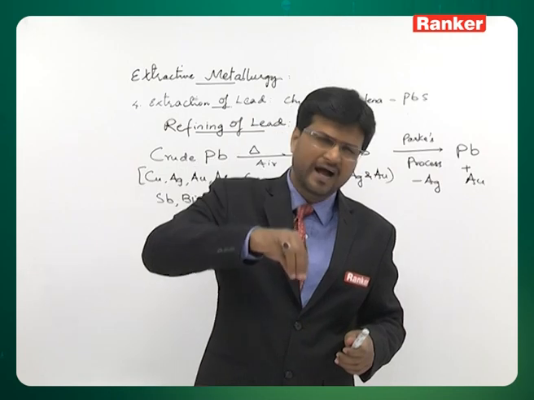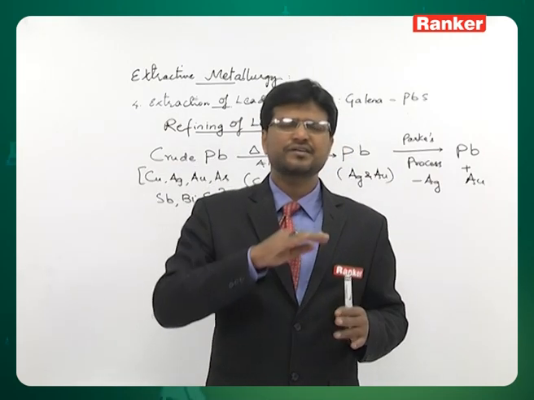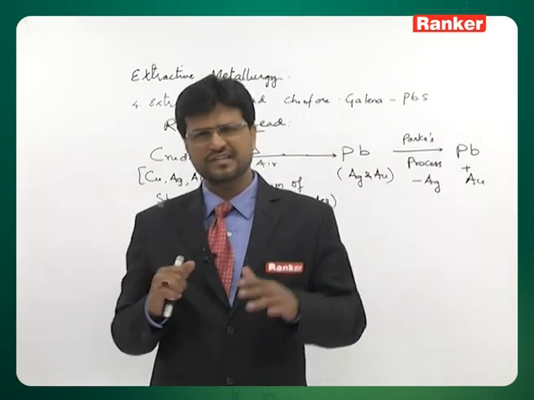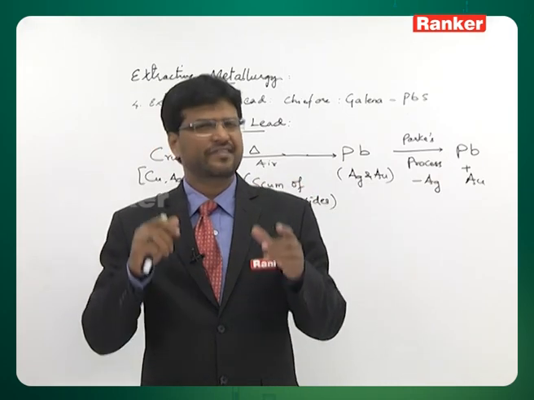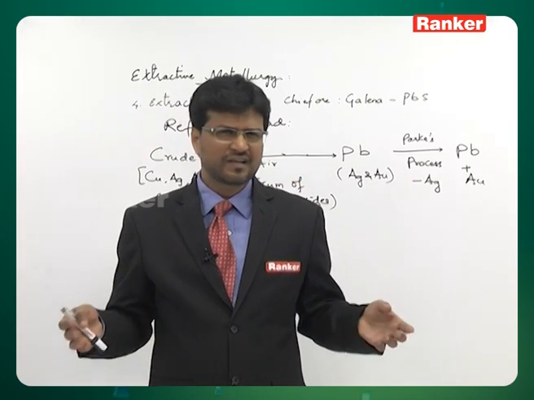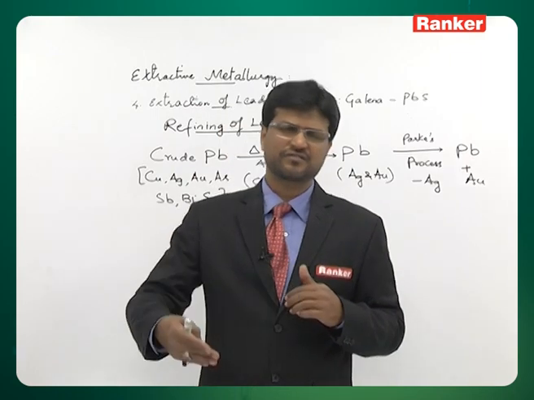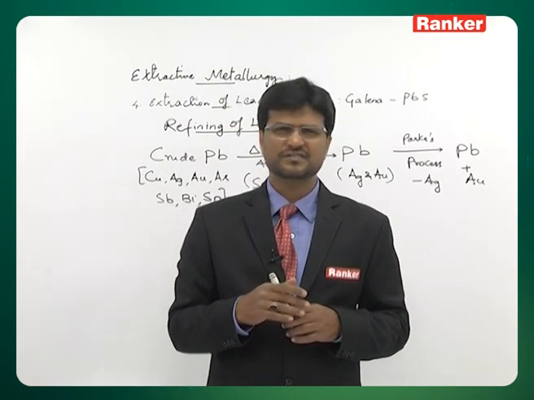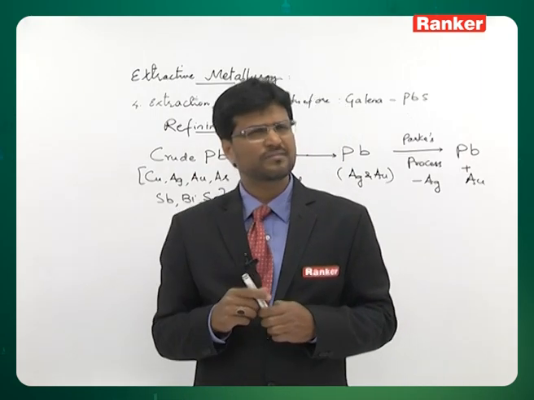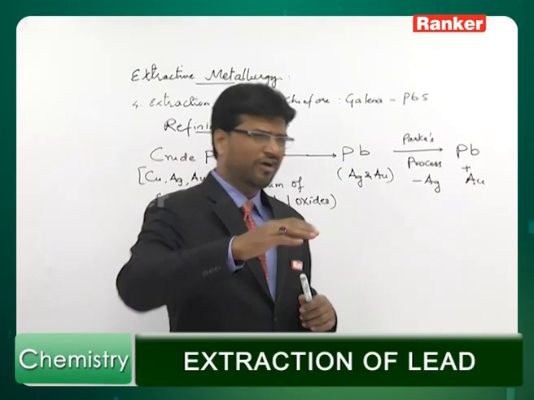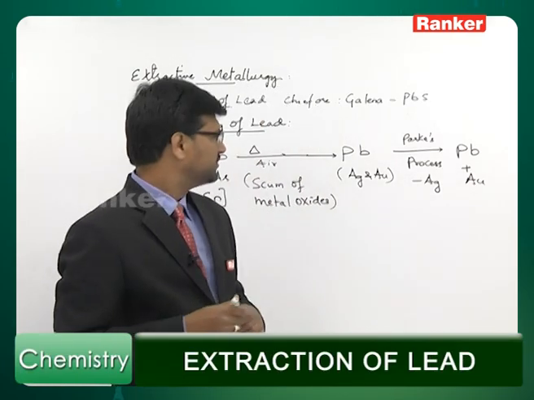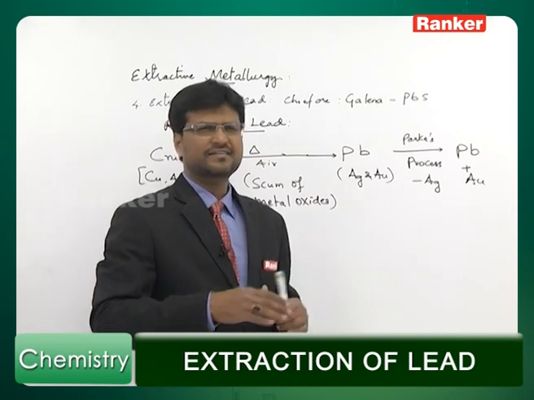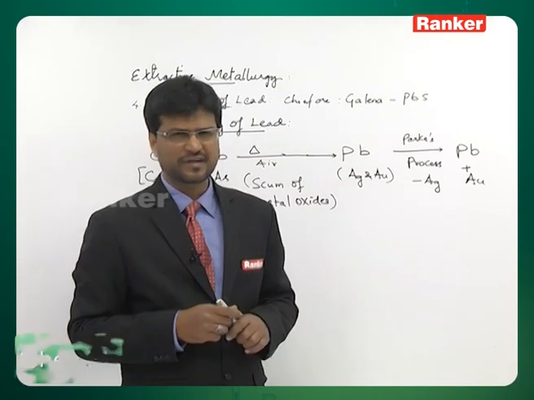So when you add zinc to molten lead, you get a molten layer of zinc on the surface of lead, and this zinc will dissolve all the silver. Silver from lead will be transferred to zinc because it is 3000 times more soluble in zinc. So all the silver will be transferred into zinc, and this is easily removed because it has formed a separate layer.